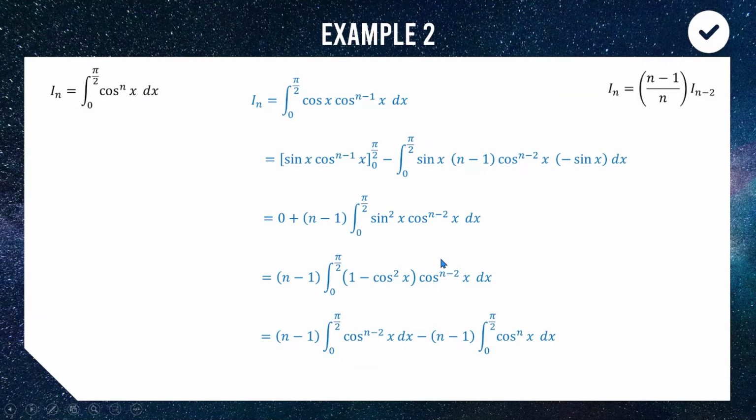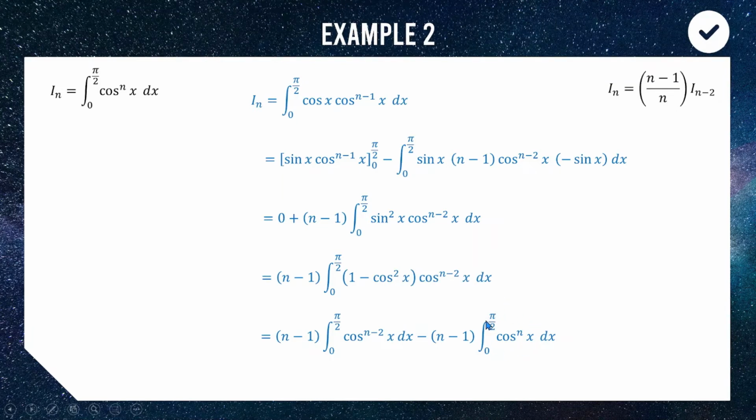Expanding out our integrals and splitting them apart, we need to keep that n minus 1 out the front because it's a constant out the front of the entire thing. So here is our cos to the n minus 2 multiplied by 1. And here is our cos to the n minus 2 multiplied by cos squared. When we multiply these two and add the powers together, n minus 2 plus 2 gets us back to n.